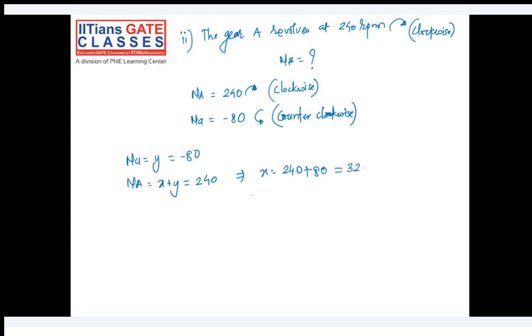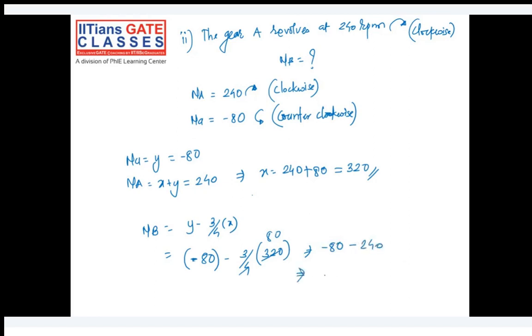Okay, this is the value of X, and NB will be equal to what? Y minus 3 by 4 times X, X is 320. So what is Y? Minus 80 minus 3 by 4 times 320. So you will get again a minus number. Minus 80 minus 240, it will be minus 320.